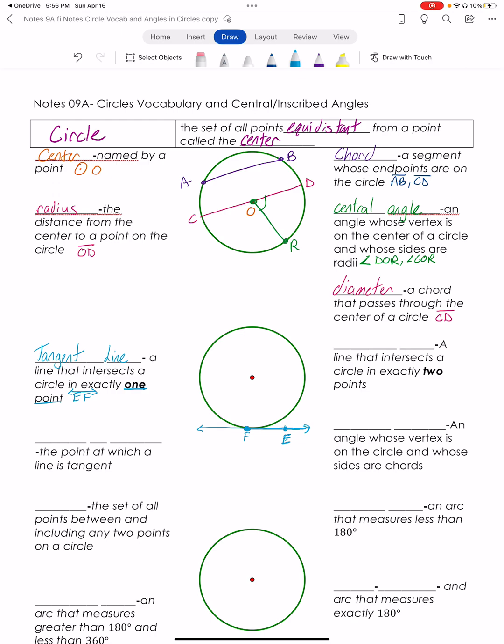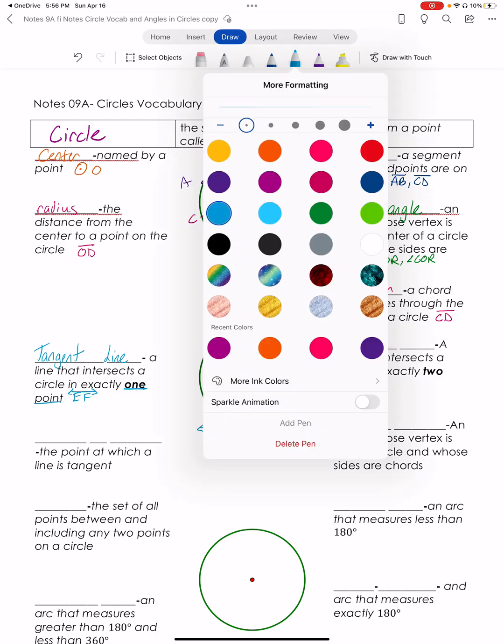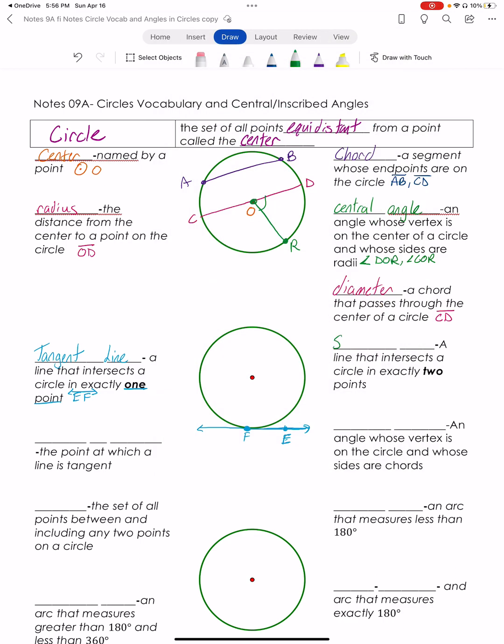A line that intersects a circle in exactly 2 points is called a secant line. There is a relationship between the tangent line and the radius, but it's a little bit much to explain even on a video.